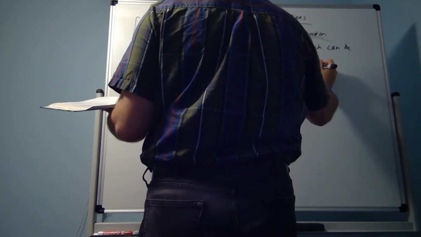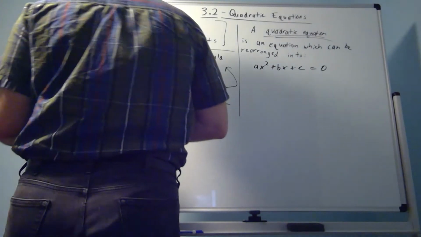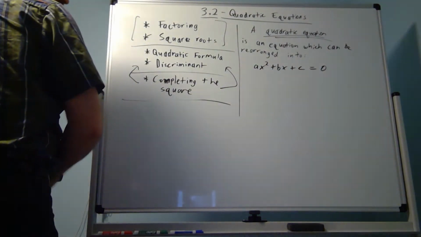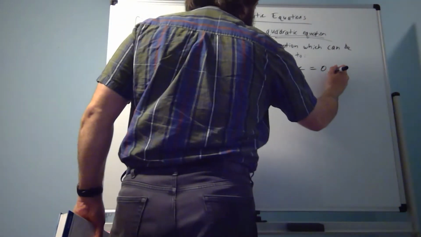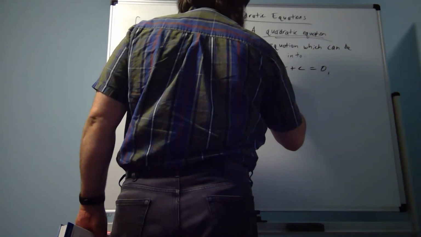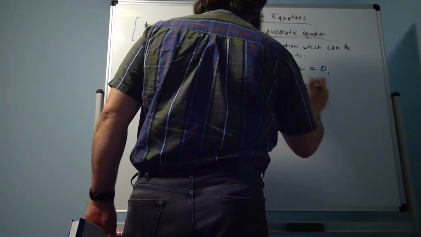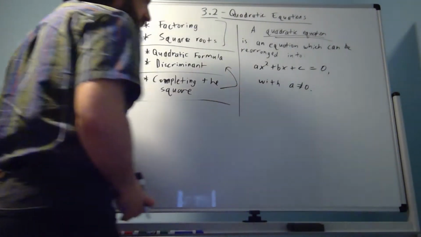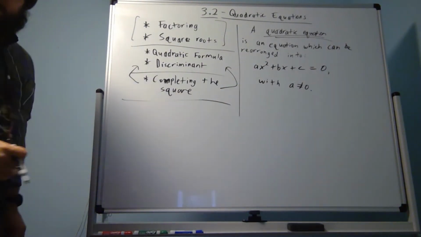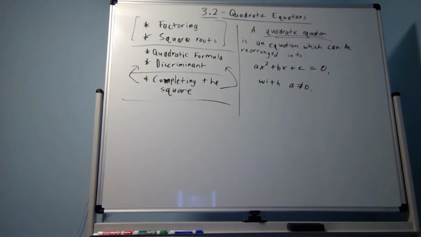So what you do is you make sure one side is 0 and everything else is on the other side. And if a is just 0, then it's really just a linear equation. And those are a lot easier. We don't really call that quadratic if a is 0.